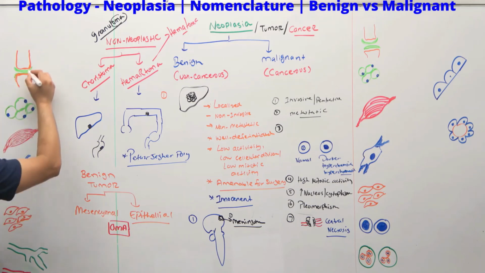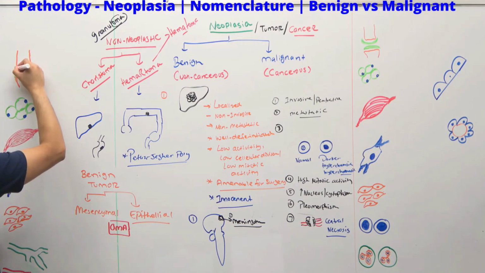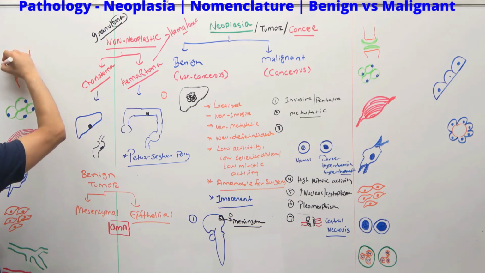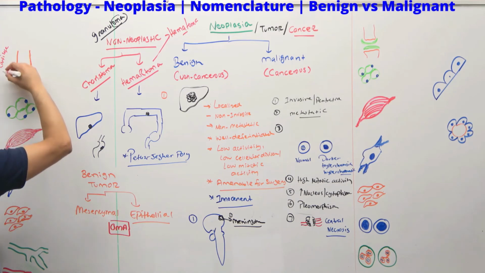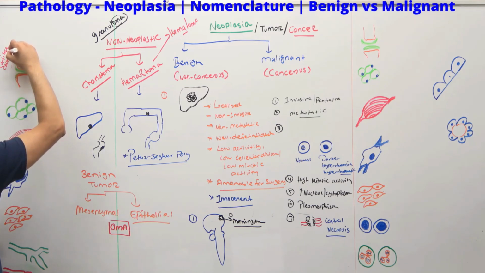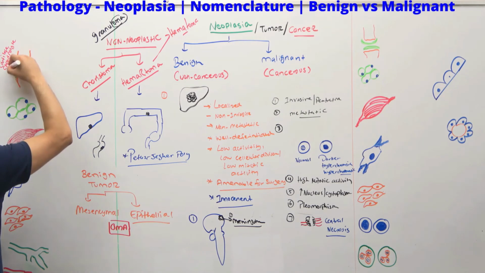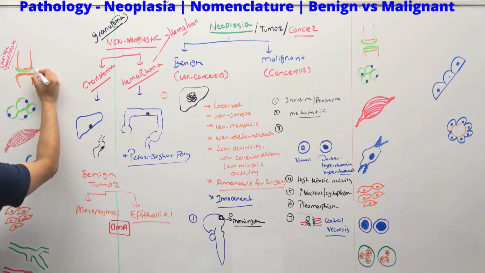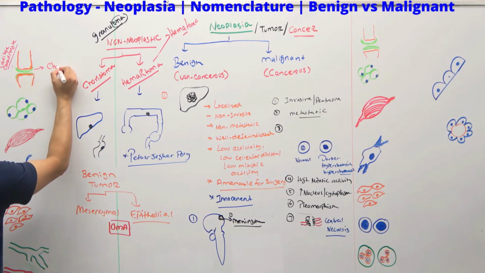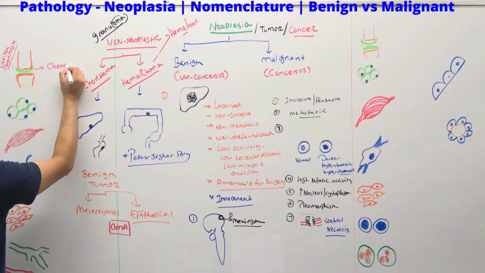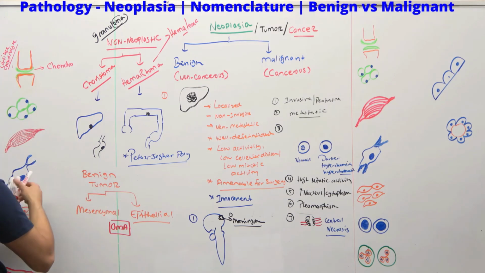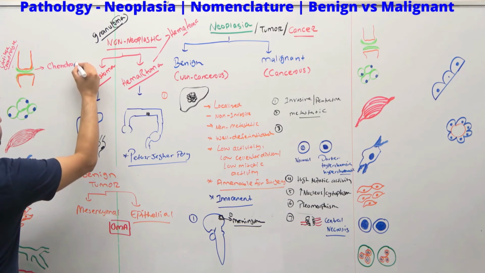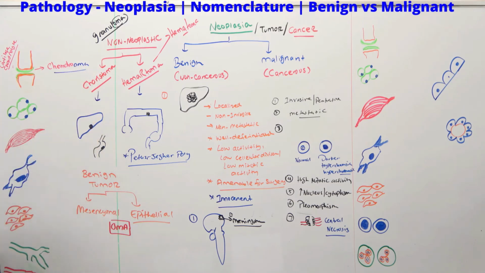This one is bone, and this green one is cartilage, basically chondrocytes. If a tumor arises from chondrocytes, we call it chondro-, and at the end "oma" is added. So that is called chondroma.